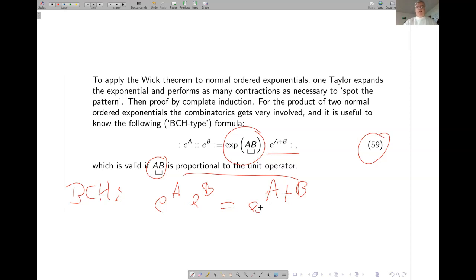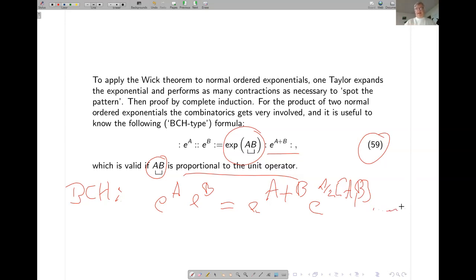You can ask how this is modified if a and b are non-commuting quantities, and this is what is answered by these Baker-Campbell-Hausdorff type formulas. It turns out that the first correction term, the leading correction term, if you do it in the language of commutators, is e to the 1/2 commutator a, b. And then you have further terms.